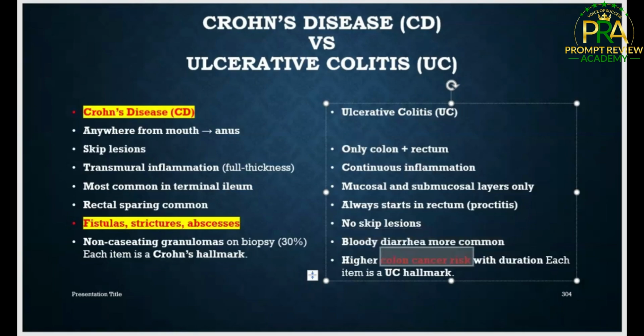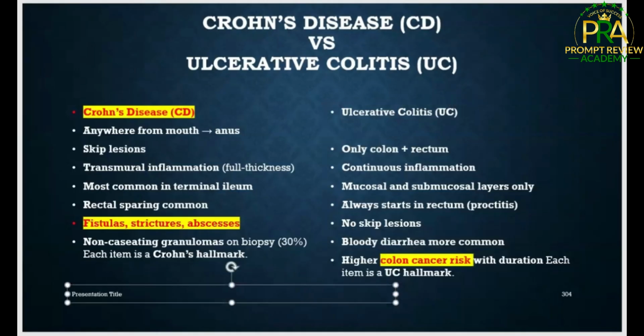It's not that it may not happen in Crohn's disease, but remember, Crohn's depends on the part that is affected. Cancer risk is increased in both, but in ulcerative colitis, colon cancer is more. Please don't forget that.